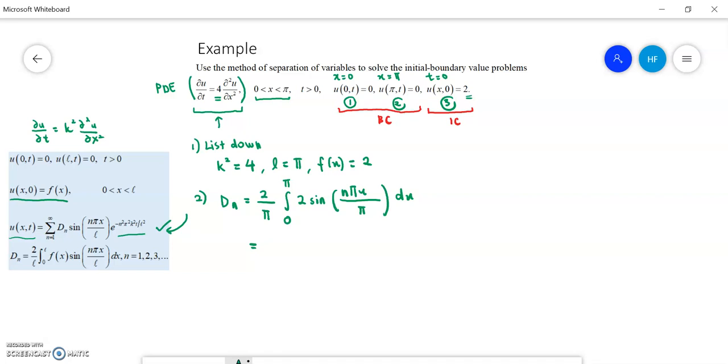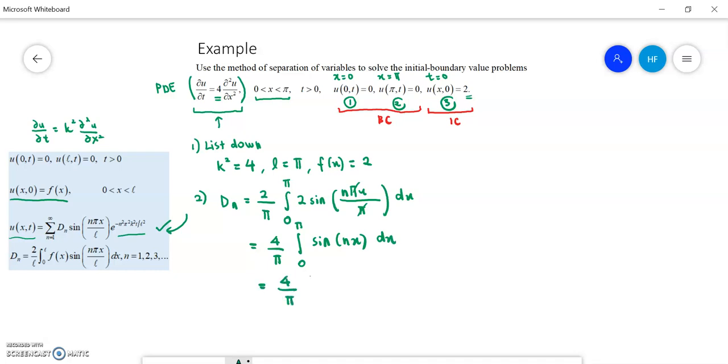So now we can proceed by taking the integration. We take out 2, so this becomes 4 over pi, integral from 0 up to pi of sine. This can be cancelled out, so we get sine nx dx.